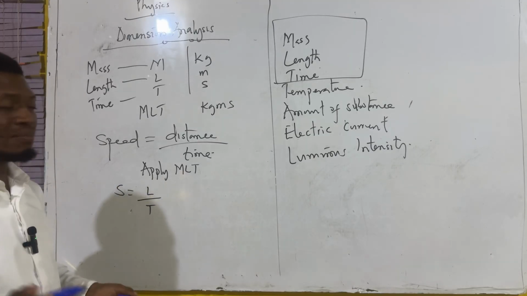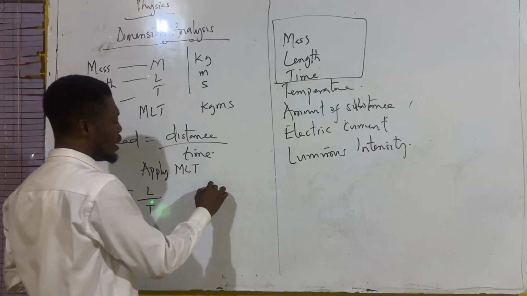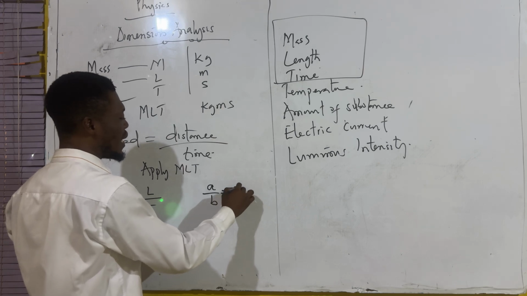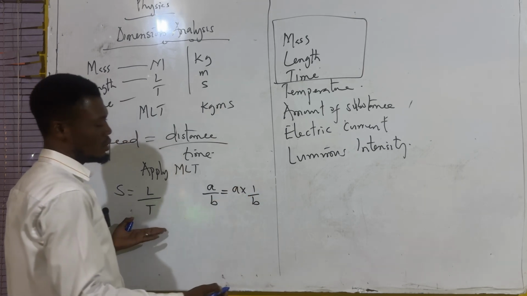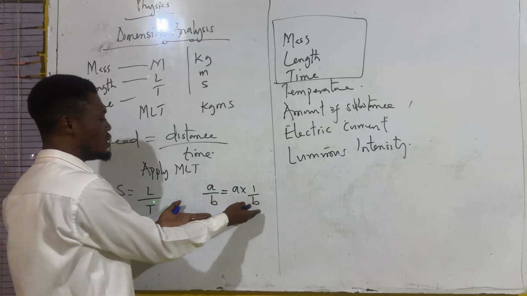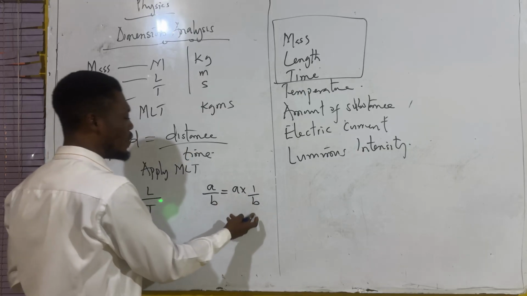At this junction, a bit of mathematics is required. In mathematics, if I have A over B, it is the same thing as saying A times 1 over B. So A times 1 is A over B, the same thing.